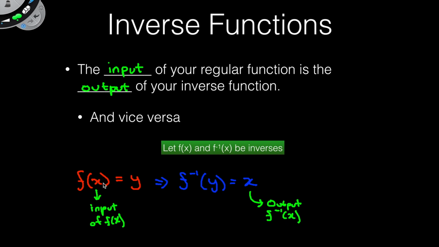You see what's going on here? You're plugging a number into your regular function, you get some output, and that same output, when you plug it into the inverse function, gives you that original input. And again, this makes sense, because if the inverse function is supposed to undo the work of the original function, then naturally, if you plug y into the inverse, it's going to give you x out. That's basically what I'm trying to tell you here.